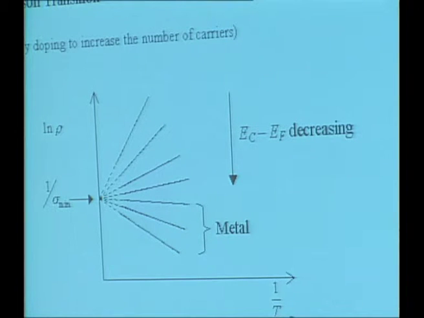So as a rough picture, when you're in the insulator regime, the resistance goes up as you go down in temperature. In the metallic regime, the resistance goes down as you go down in temperature. And that's happening here not because there's an energy gap, but because of the localization of states.